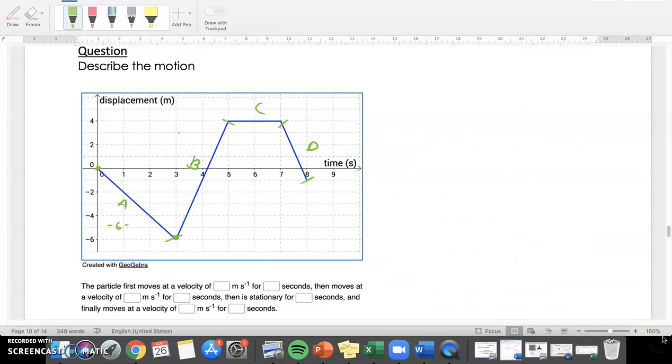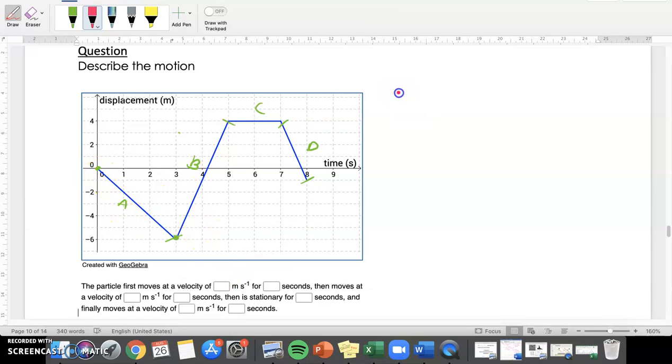So now the question asks you, for a displacement time graph, describe the motion, which means that you need to find the velocity. So I divided this graph into sections because it makes things easier for me. How do you find the velocity for a displacement time graph? Yes, you find the gradient. So what is the gradient for section A?